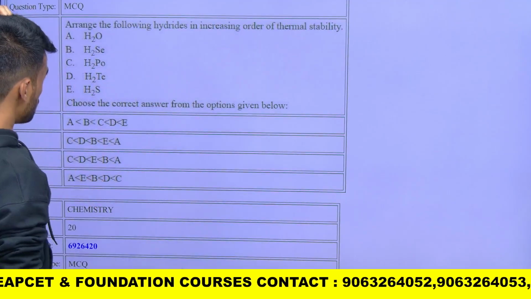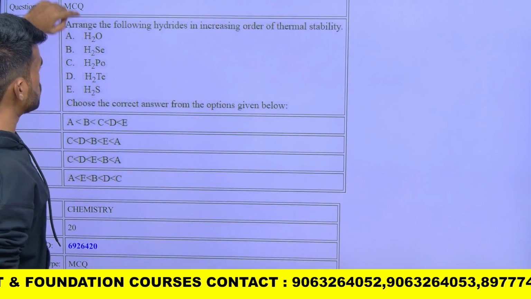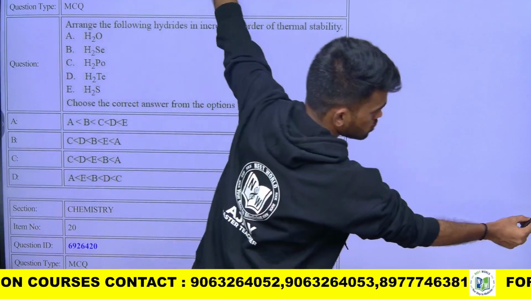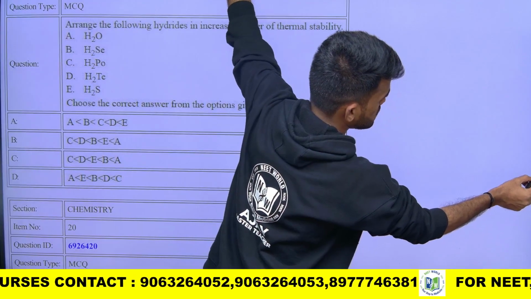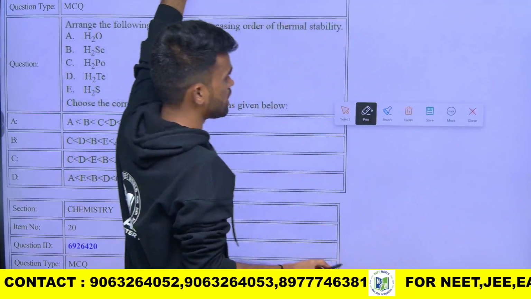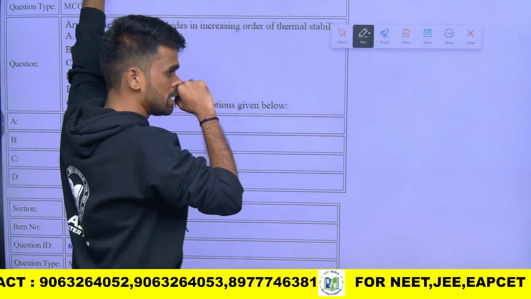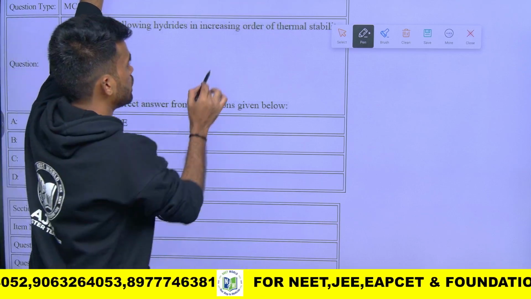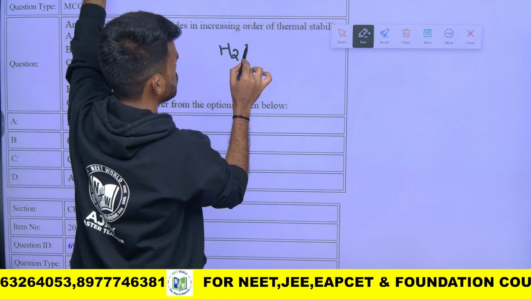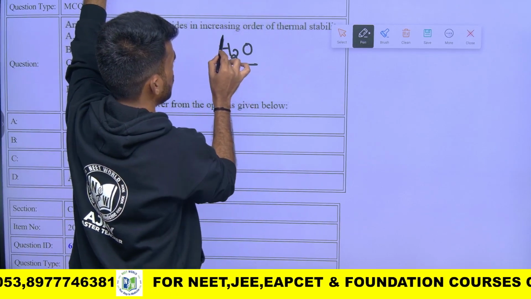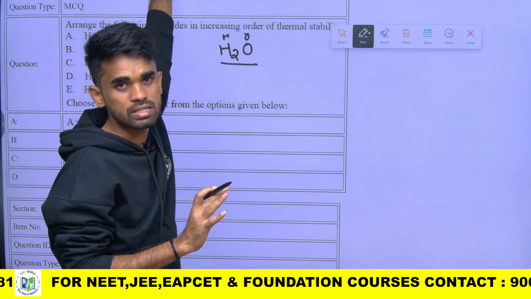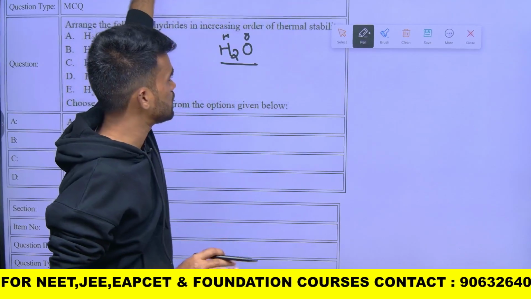Now tell me, H2O, H2S, so group 16 hydrides we have here. So what happens? Due to the size difference, what happens to the size down the group? Size increases and orbital overlapping becomes weaker. H2O has hydrogen and oxygen of comparable sizes: here it is 1s orbital, here it is 2p.